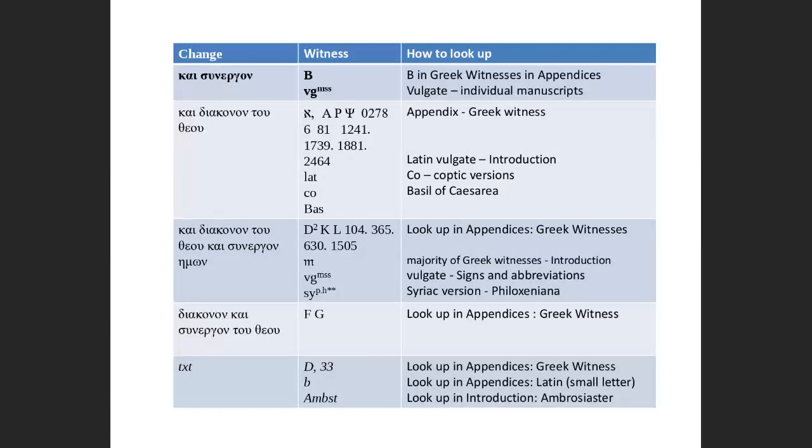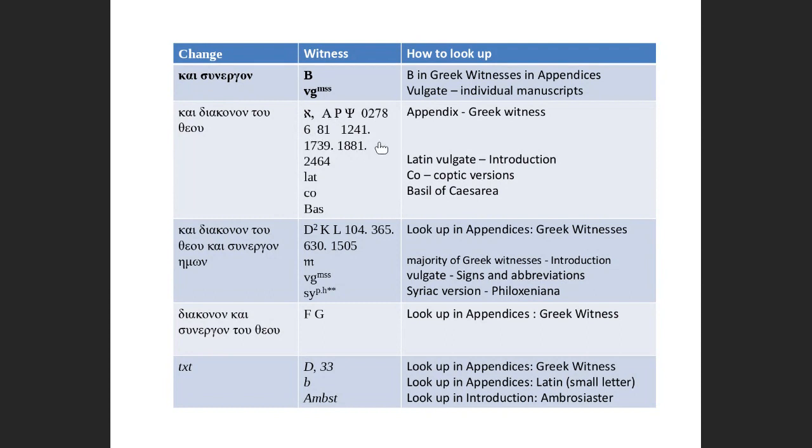Let's look at the witnesses. If you look at the witnesses, B in the Greek lexicon and the Vulgate, that's the first one. The second one, kai diakonon tou theou, has witnesses from an early alpha, which is the Greek alpha, aleph, which is, excuse me, the Hebrew aleph, followed by alpha, pi, phi, and 258.